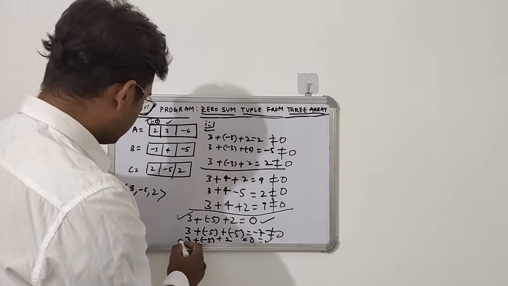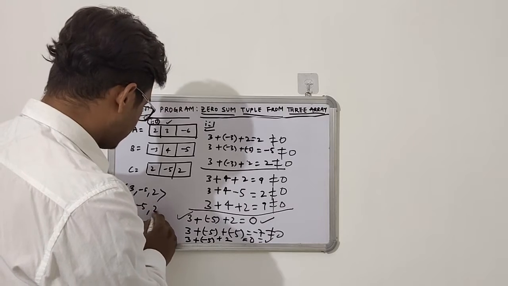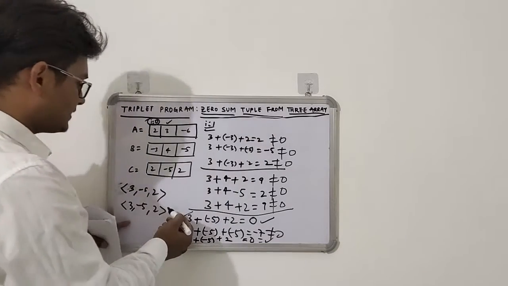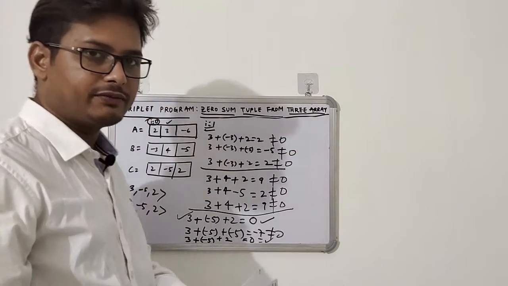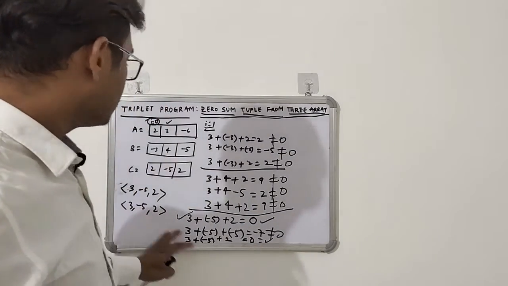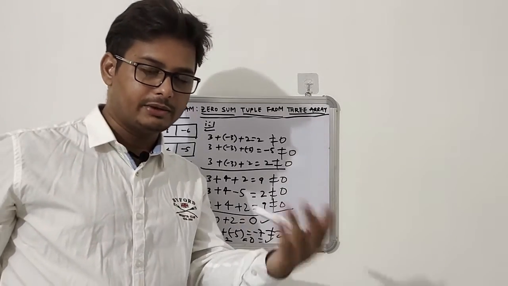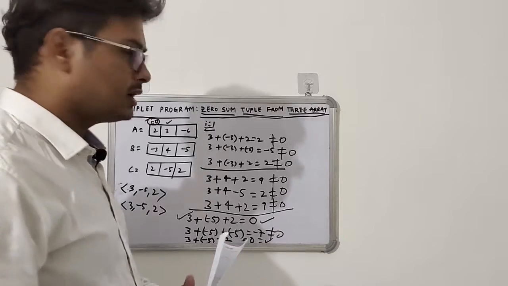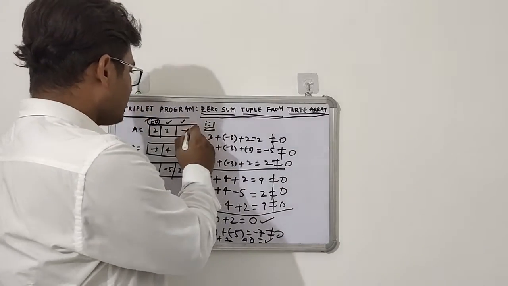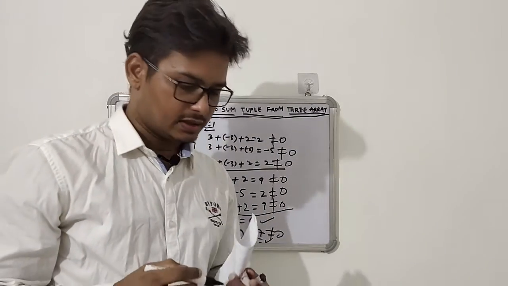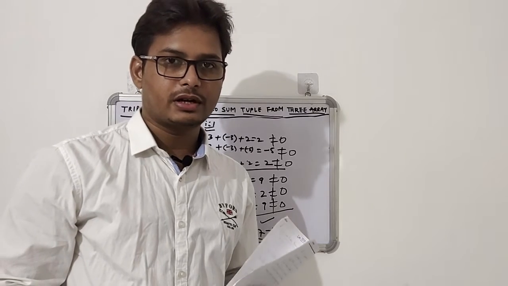But if we write 3 minus 5 and again 2, it depends on our implementation whether we are going to include the unique tuple or the same tuple. According to that we can eliminate the duplicates. Now let me execute for i equal to 3 and check whether the other triplets are present in our program or not.